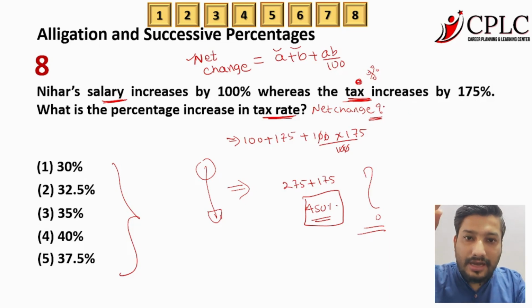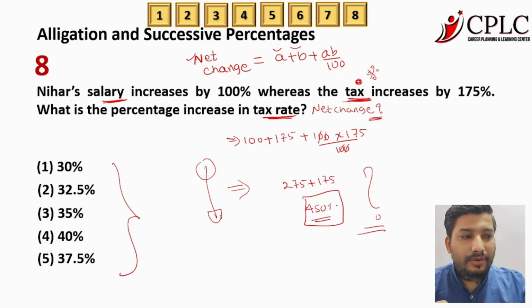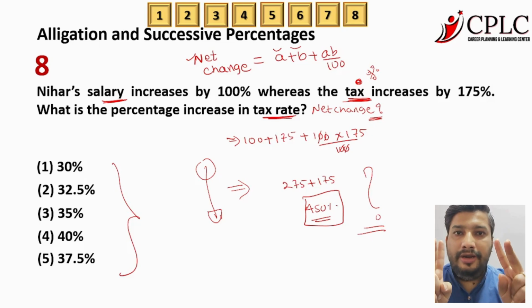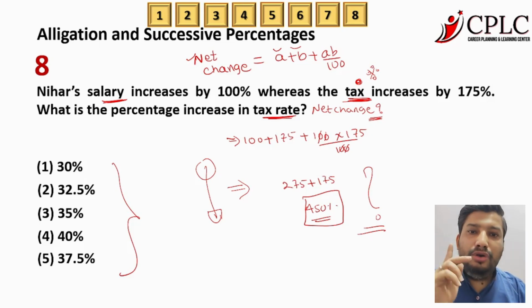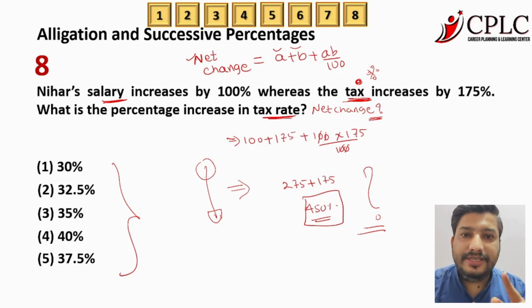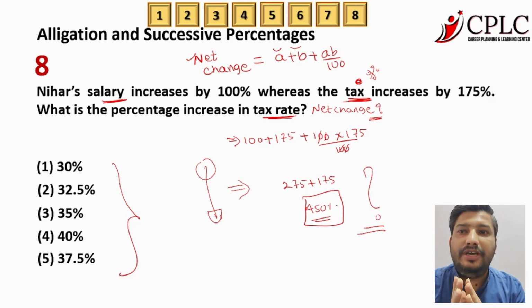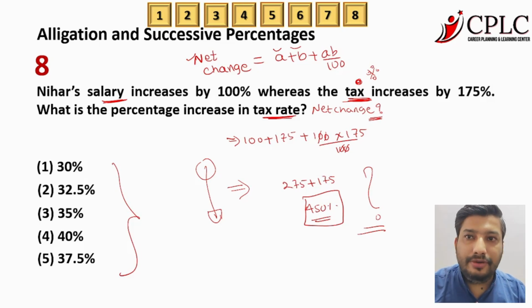So see why tax has to be the final outcome, because of how tax is calculated. Tax is calculated depending on two things. One is your salary, and the second one is, according to that salary, which tax bracket you belong to, whether you pay 30% or 20% or 10%, right? So that is your tax rate.